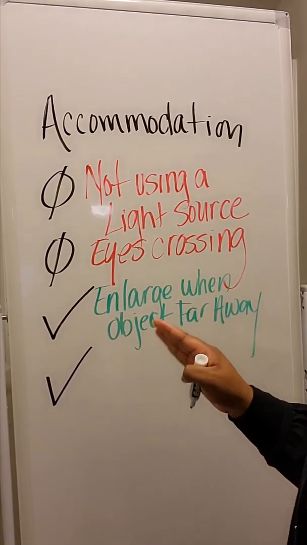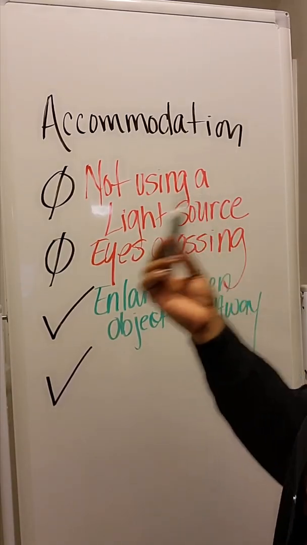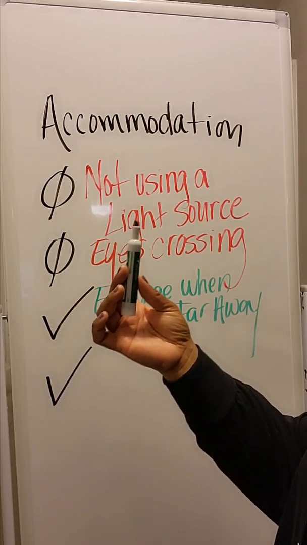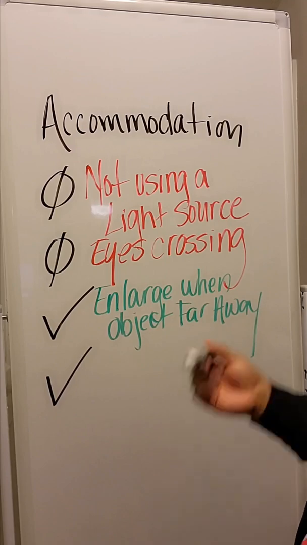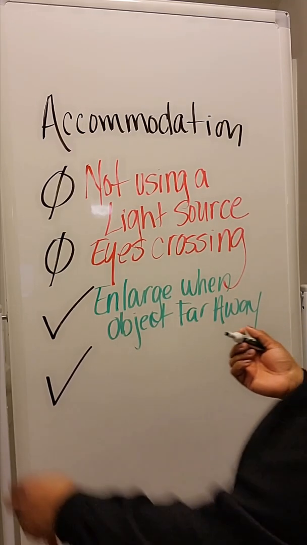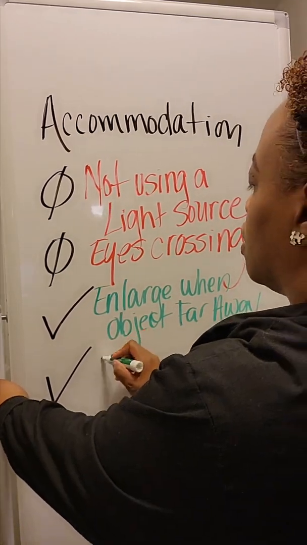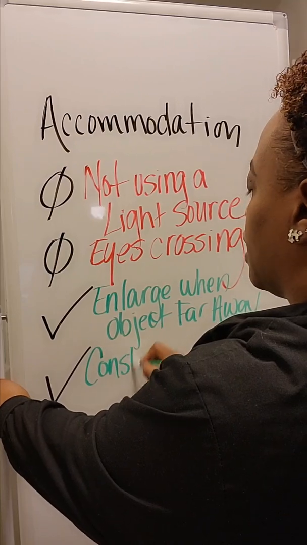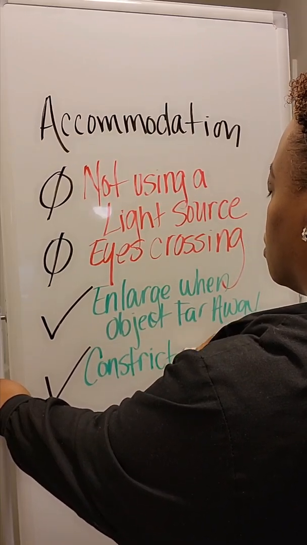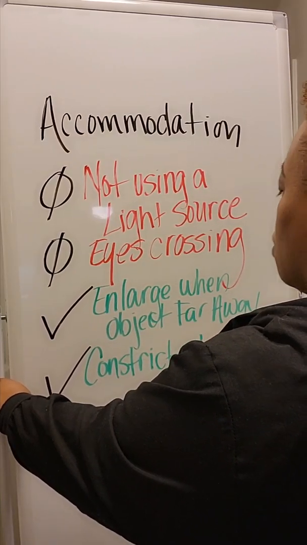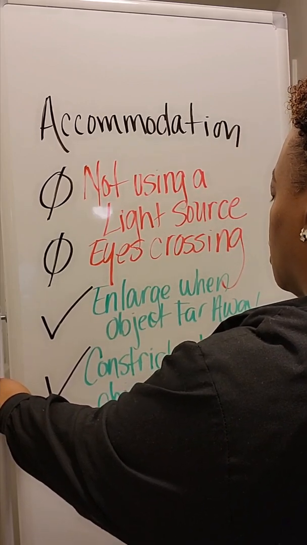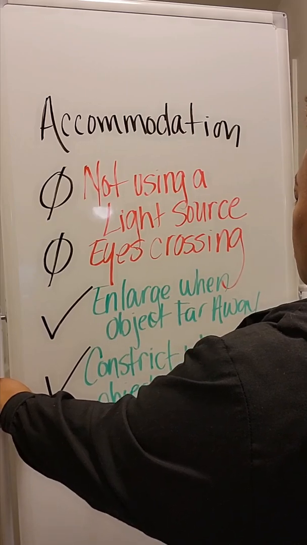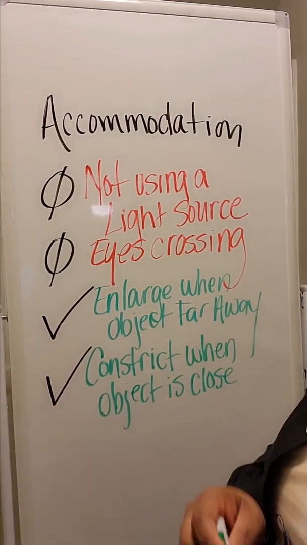So when you're looking at a person's pupil, as you hold an object a little bit further away, their pupil should be larger. And the other thing accommodation is the ability of someone's eyes to constrict, and we're really talking again about the pupils, to constrict when an object is close.